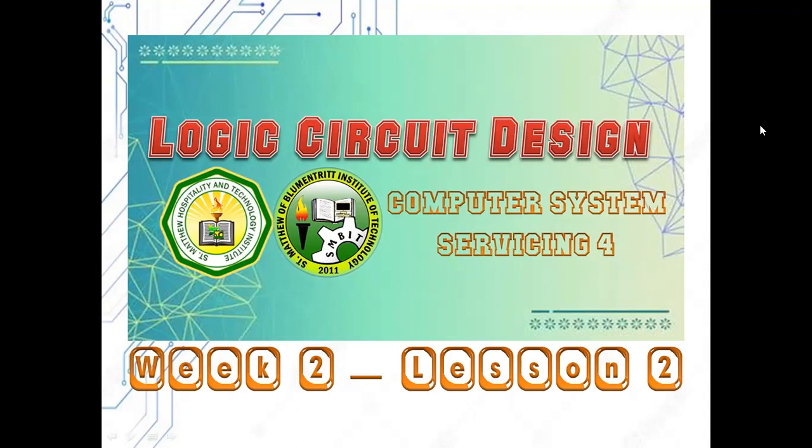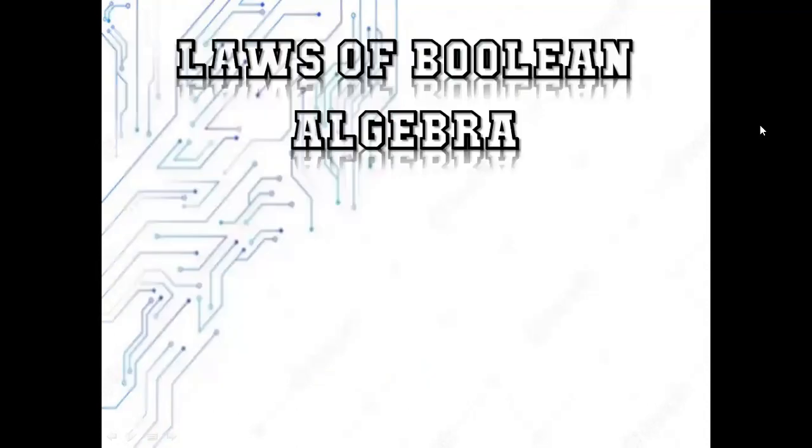Okay po? So we are now for week 2 and lesson 2. If you remember the last discussion, video discussion rather, we touched on logic circuit design, the laws of Boolean algebra, truth table, and the AND gate.